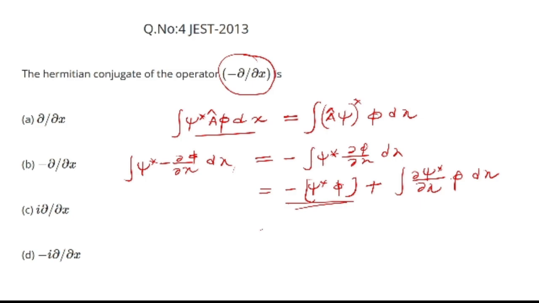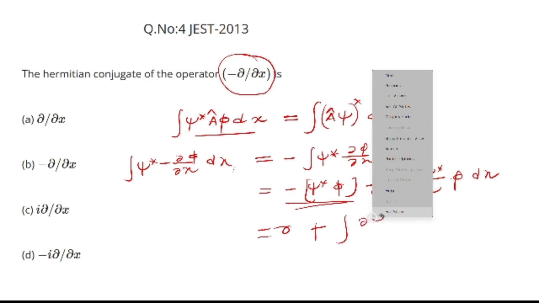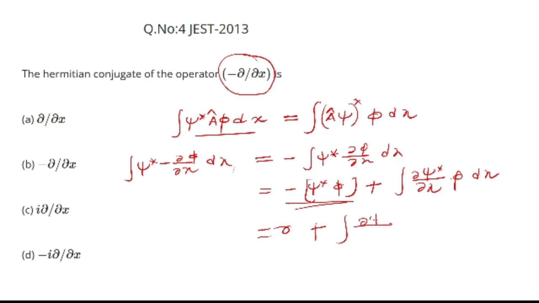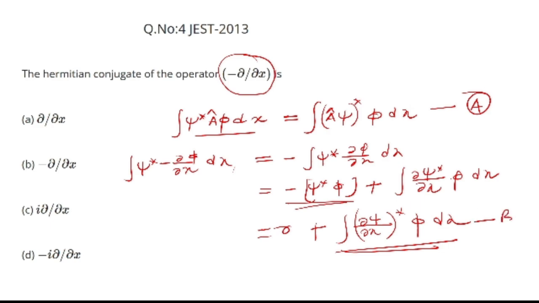The last term can be written as del psi by del x whole star phi dx. If we compare with the exact formula, this is A psi star phi, so comparing A and B, we can easily say that the Hermitian conjugate for this operator is del x only. So del x will be the answer.